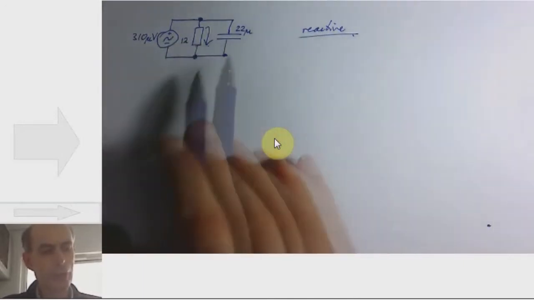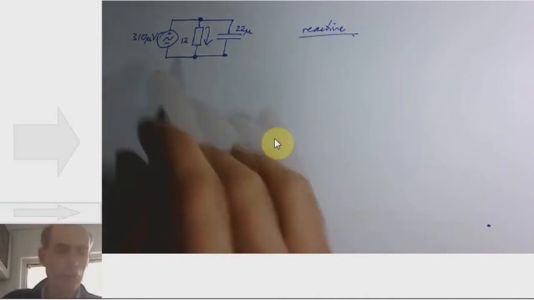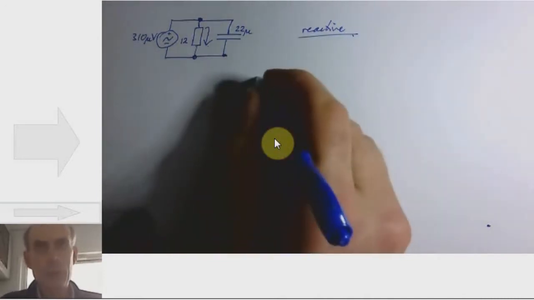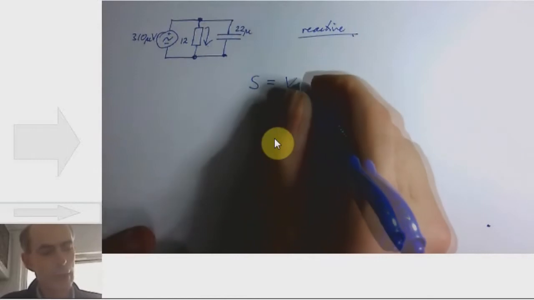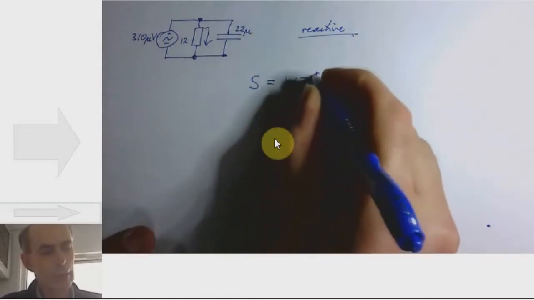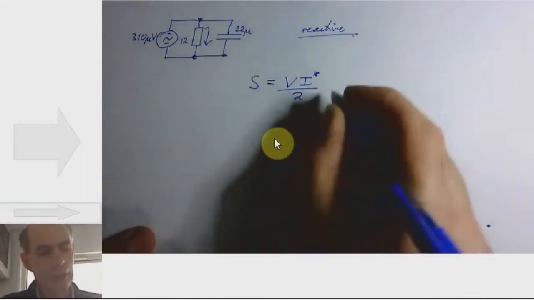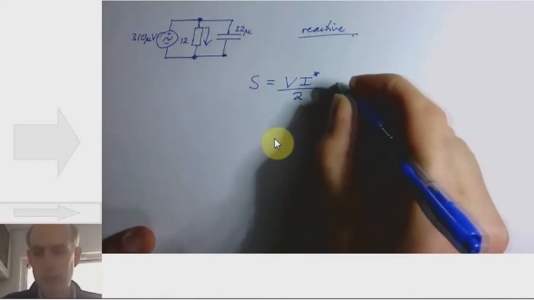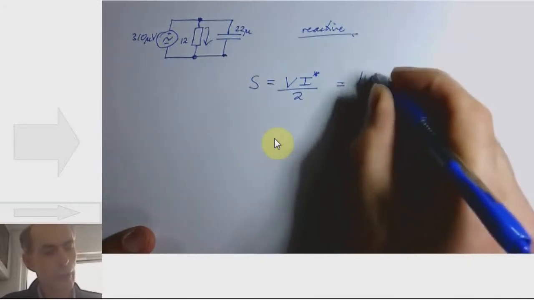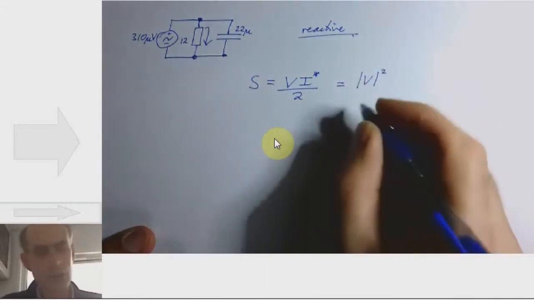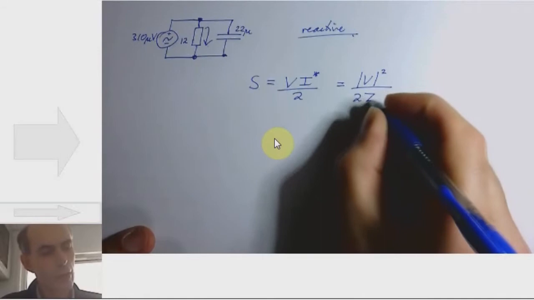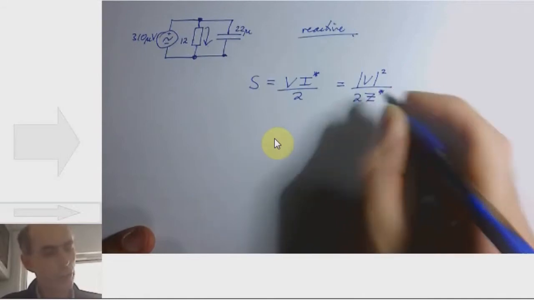To get an imaginary part, if we remember the formulas here, S equals V times I complex conjugate divided by 2, and in particular the form of that says S equals the magnitude of V squared over 2Z complex conjugate.